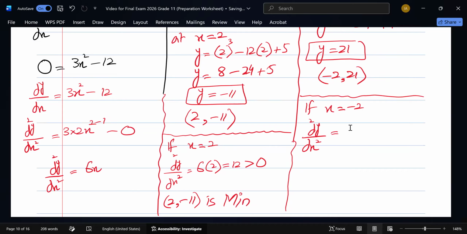This is 6 times minus 2, which is negative 12, a negative number. It means the coordinates (minus 2, 21) are a maximum point on this curve. This is the way we find the nature of the stationary point by using the second derivative.